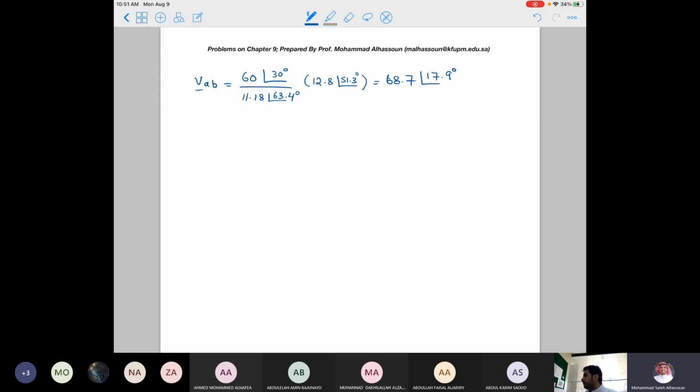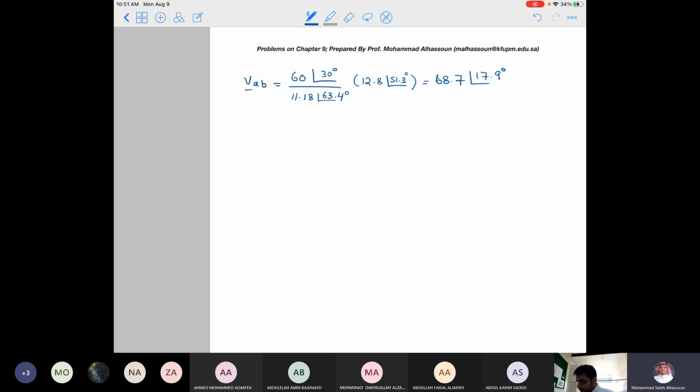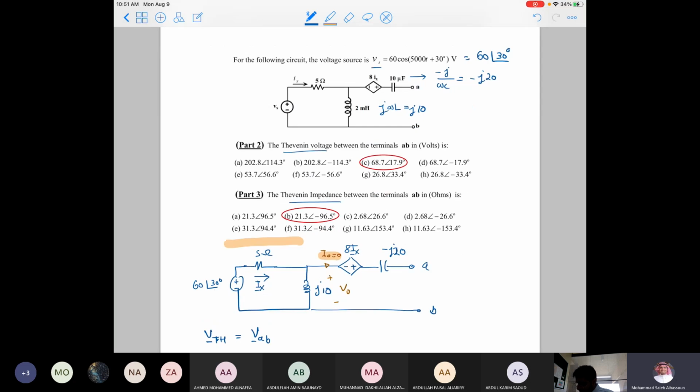Okay, this is the Thevenin voltage. And if we go back, we can see that that's the value we're getting.